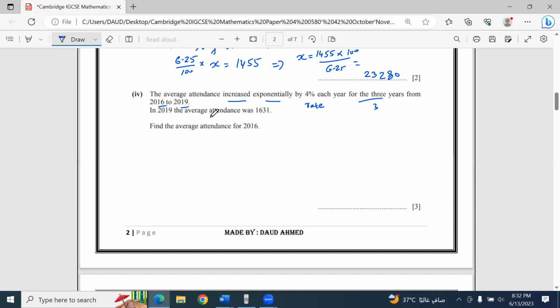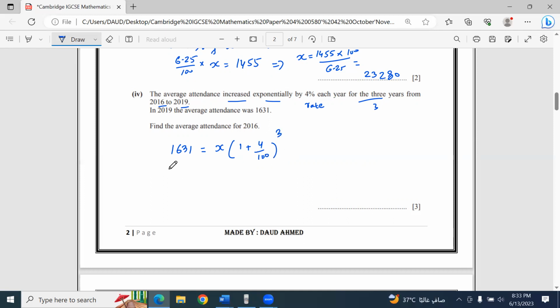So in 2019 the average attendance, the number of people, is 1631. We don't know the attendance in 2016, so let's suppose x, and it increased exponentially by 4%, meaning 4 over 100, for how many years? 3.